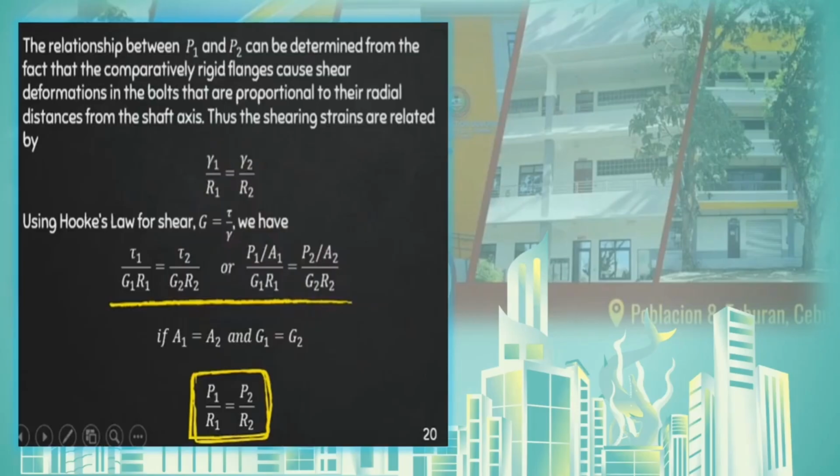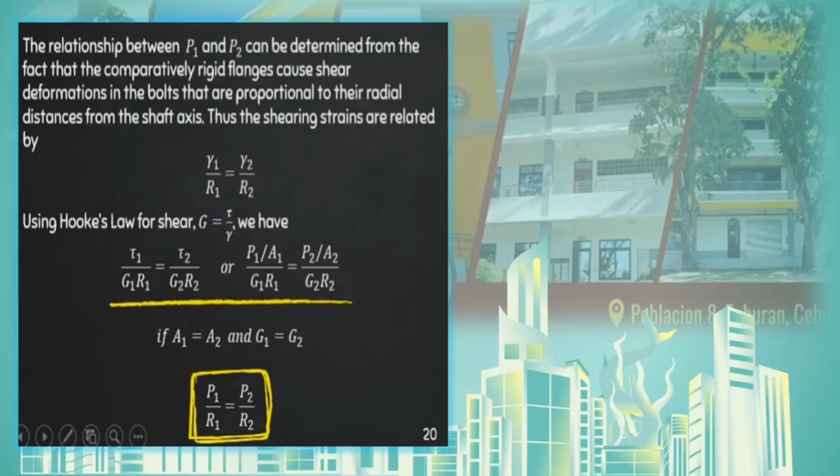This section explains how to find the relationship between the shearing forces P1 and P2 in bolts from two concentric rows of a flange bolt coupling. This proportionality creates the shearing strain relationship gamma1 over R1 equals gamma2 over R2, where gamma1 and gamma2 are the strains in each row's bolts.